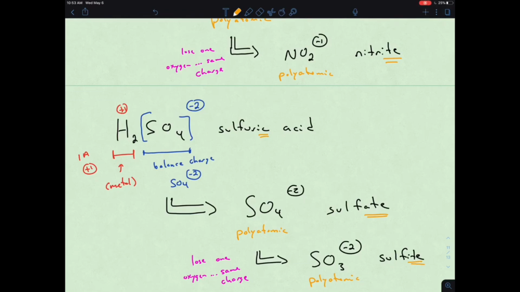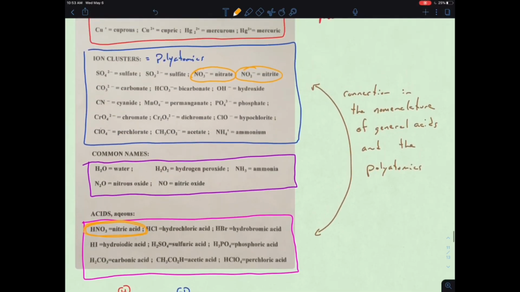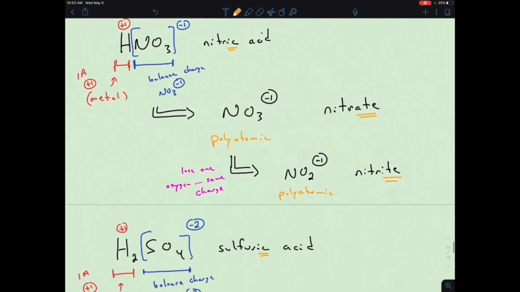And I'll scroll back in a sec, but just to bring you back up to the table, we see that here with our sulfate and our sulfite. And you can go through a lot of these other ones like acetate and carbonate, bicarbonate, chromate, perchlorate, it's all the same motif.